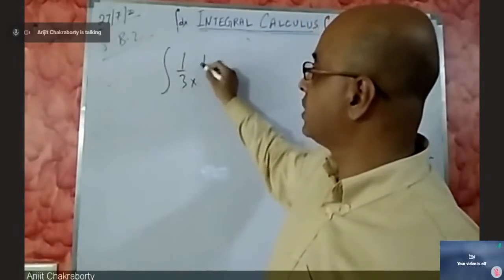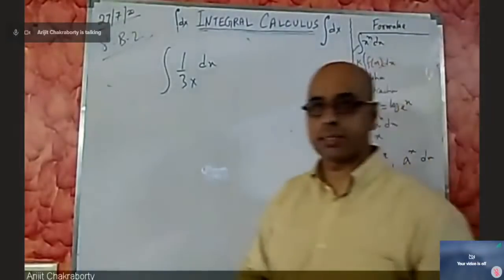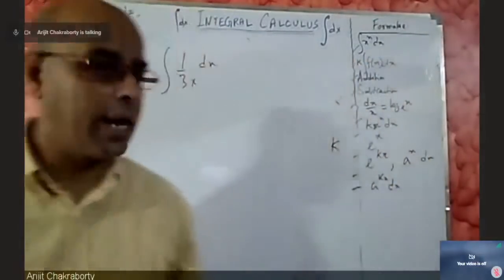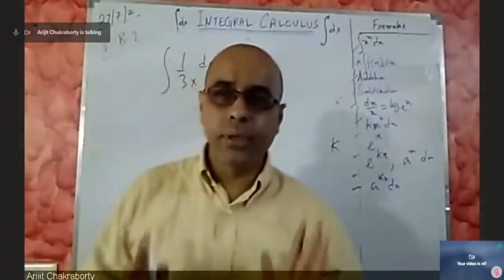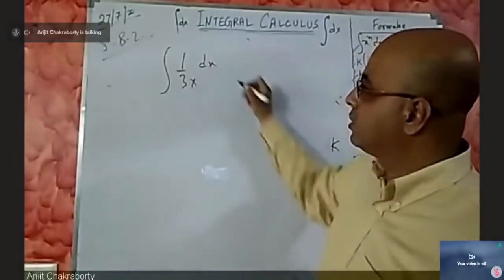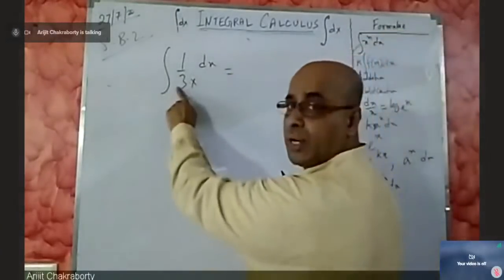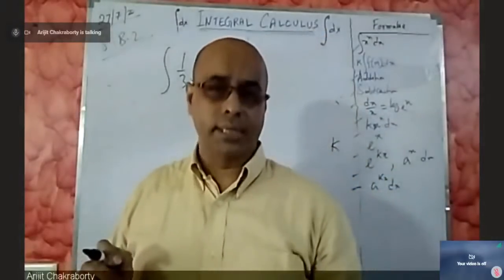1 by 3x dx. So how can you rewrite 1 by 3x dx? I can remove this 1/3 because 1/3 is a constant.